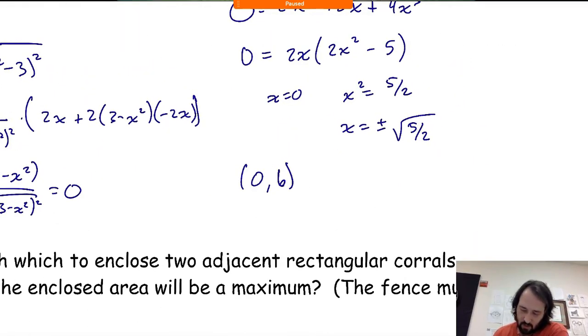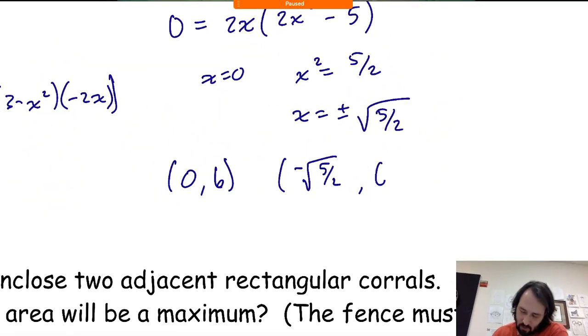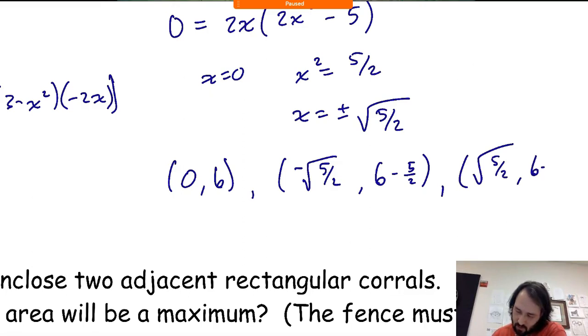I also have negative root 5 over 2, and let's see, it would be 6 minus x squared, so 6 minus 5 halves, and positive root 5 over 2. And then the y value would stay the same.